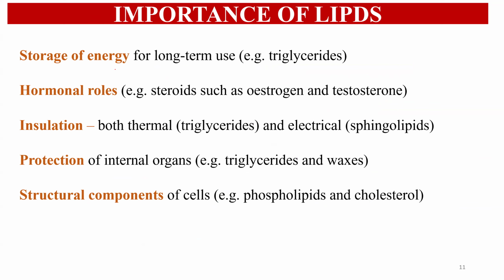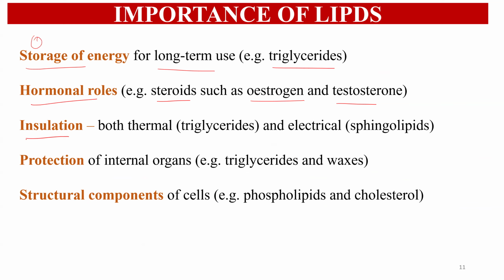Now, let's see what are the different functions of lipids in the body. Number one, it is responsible for storage of energy, primarily for long-term use, such as the triglycerides. That's the fat that we reserve in the body for longer term use. Then we have the hormonal roles, for example, steroids such as estrogen and testosterone. It also provides insulation.